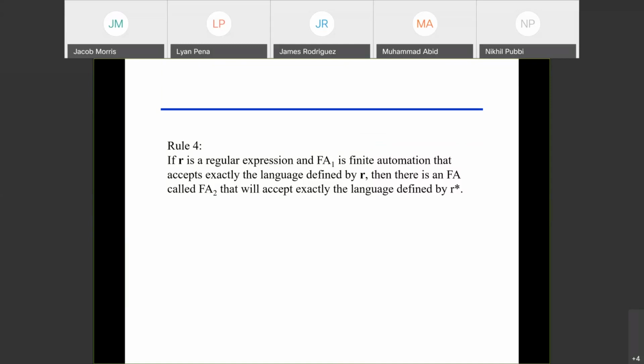So now this next rule says that if you have a language and this language is represented by FA, let's say this is FA1, and when we say FA, for sure we are talking about a regular language, and this language is also represented by a regular expression, and let's say we call that R1.